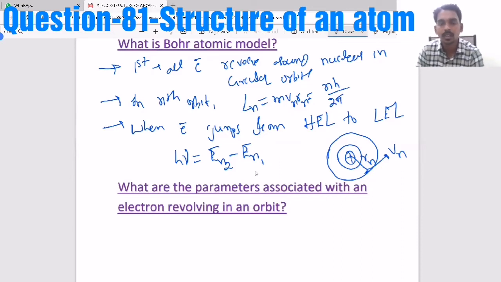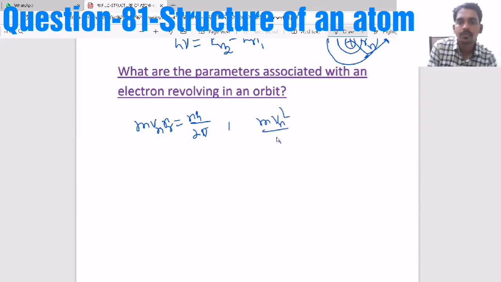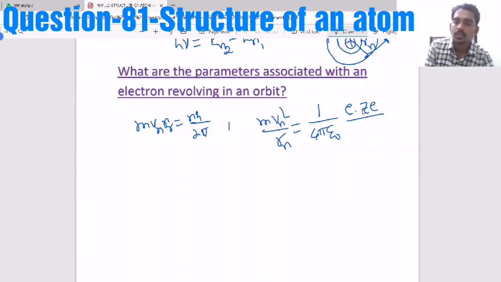Here the very first equation we get is m v_n r_n equal to nh by 2 pi, and as the electron is moving in a circular path, the required centripetal force m v squared by r is provided by the electrostatic force, 1 by 4 pi epsilon naught times the electron charge and the nuclear charge Ze by r squared.